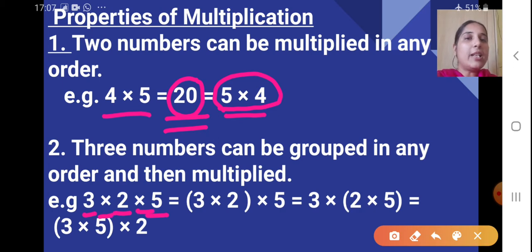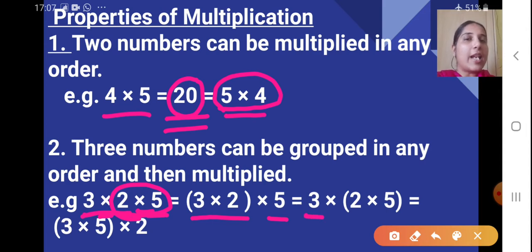So there you can see 3 and 2, they are being grouped first and then they have been multiplied to number 5. Or in the second case, here you can see 3 multiplied by, now 2 and 5 here are grouped first and then they are being multiplied by 3 here.